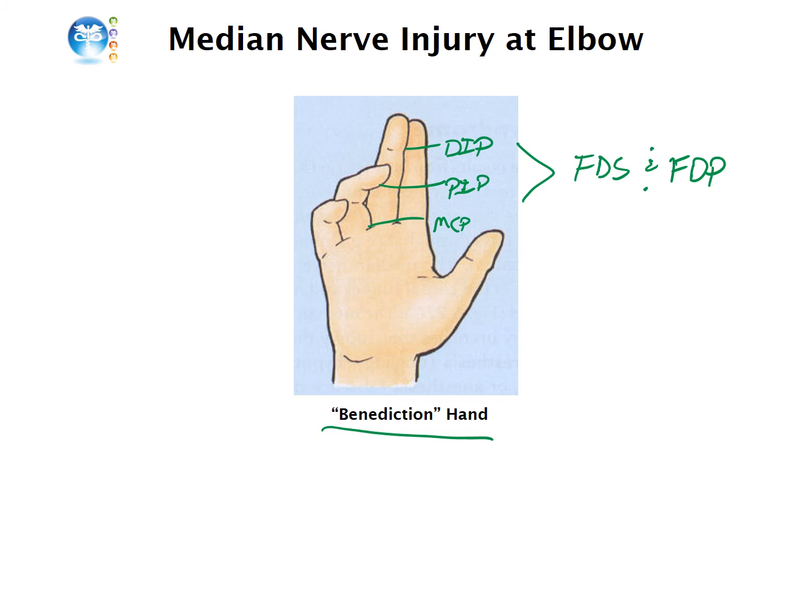And recall that the median nerve innervates the FDS, and the FDP is half innervated by the anterior interosseous nerve, a branch of the median nerve. You'll notice from this presentation that flexion of the pinky and ring fingers is intact and is normal. This is because the ulnar half of the FDP is innervated by the ulnar nerve.